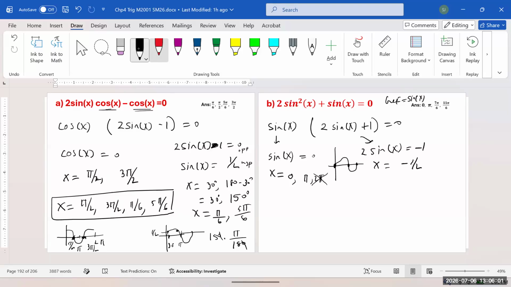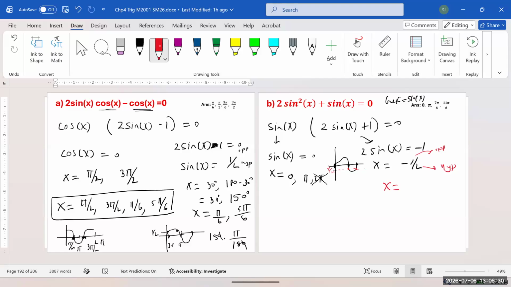And for sine equals -1/2, we have one solution here, another solution here. Sine is opposite over hypotenuse. We already did that in the last example. We definitely know this is one of them.